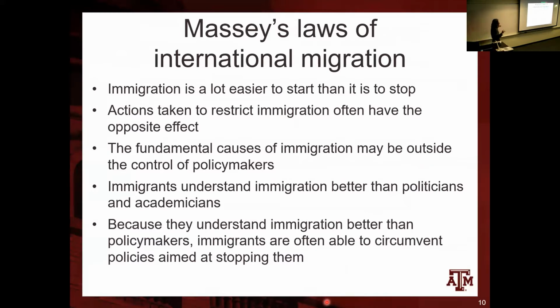So now, just going back a little bit to the lectures about theories of migration. What is the general knowledge that we have? Since we already talked a lot about this, I will go a little faster here. Douglas Massey, the professor from Princeton, is the most well-known demographer who studies international migration in the country. Immigration is a lot easier to start than to stop.